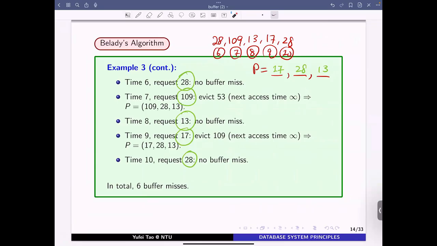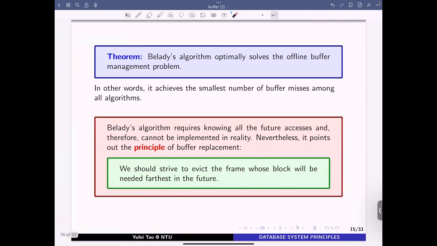So that's Belady's algorithm. Belady's algorithm is actually very nice. I can prove to you that Belady's algorithm optimally solves the problem, which means you are not able to design another algorithm that is able to reduce the number of misses any further, and it's true with respect to any sequence.